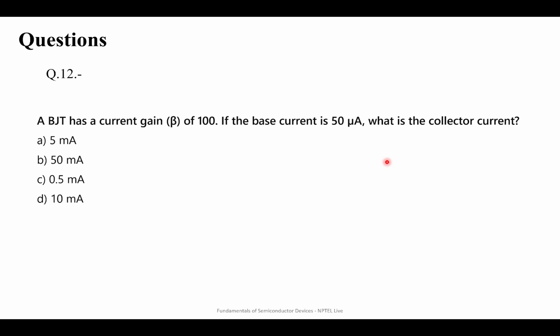So this is a simple numerical. A BJT has a current gain beta of 100. If the base current is 50 microamperes, what is the collector current? 5 milliamperes, 50 milliamperes, 0.5 milliamperes, or 10 milliamperes? This is a very simple question.